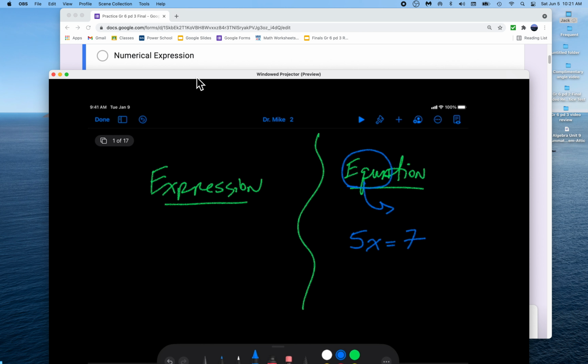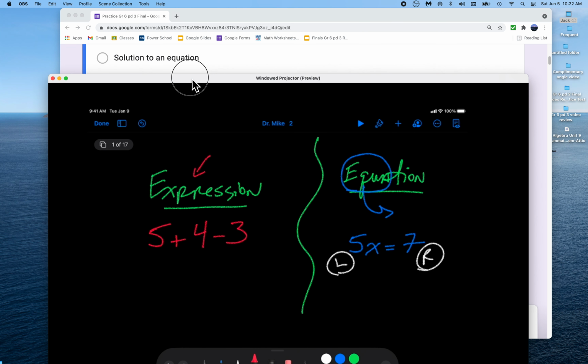That's an example of an equation. Equation also has a left side, as you look at the screen, and a right side. An expression, on the other hand, you don't see the word equal in here. Therefore, an expression is something without an equal sign. And if there are just numbers and no variables, then that would be a numerical expression.